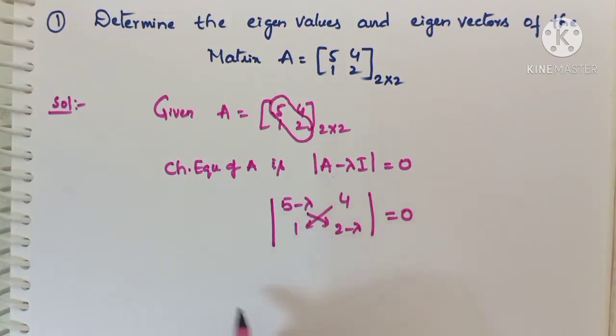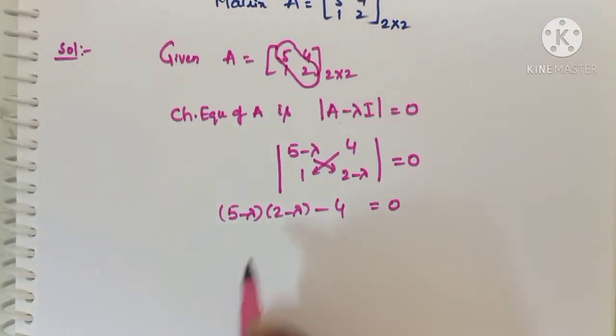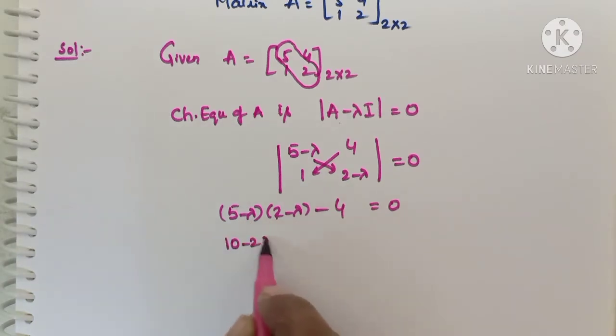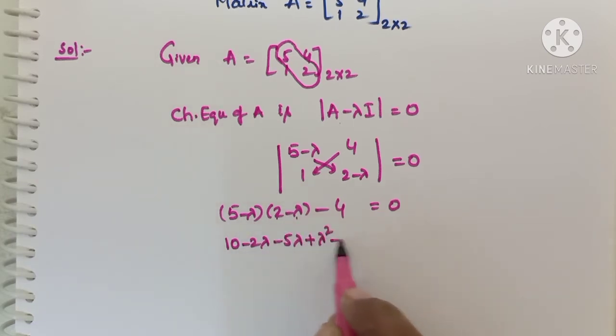AD minus BC: (5 minus lambda)(2 minus lambda) minus BC, which is 4 into 1, 4. Now we multiply. 2 into 5, 10, minus 2 lambda, minus lambda into 5, minus 5 lambda, minus lambda into minus lambda, plus lambda square, minus 4 equal to 0.